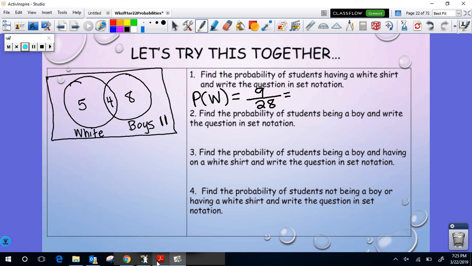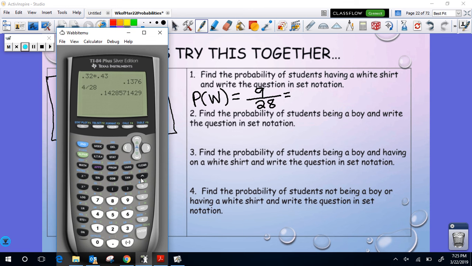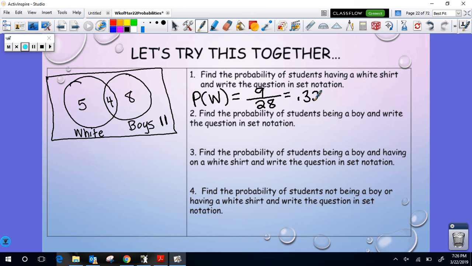So I'm going to grab my calculator, and I'm going to round my decimals to the nearest hundredth. So I'm going to do 9 divided by 28 equals 0.32, or you can write it as 32%. Now it says find the probability of students being a boy and write the question in set notation.